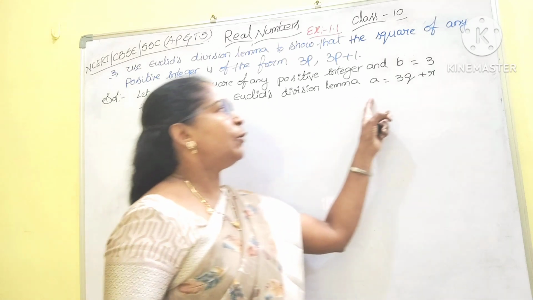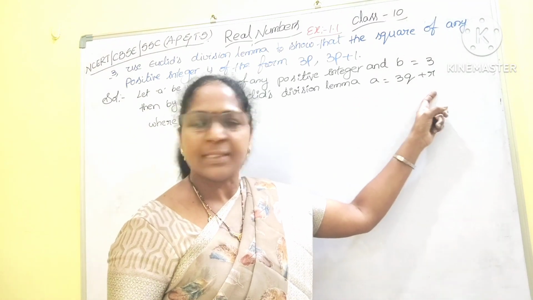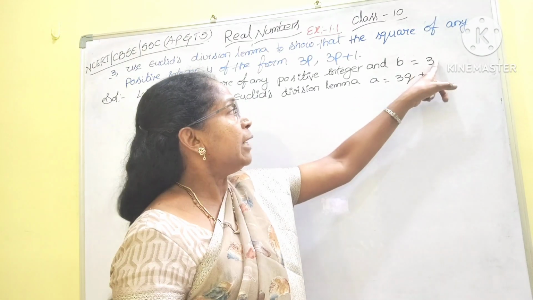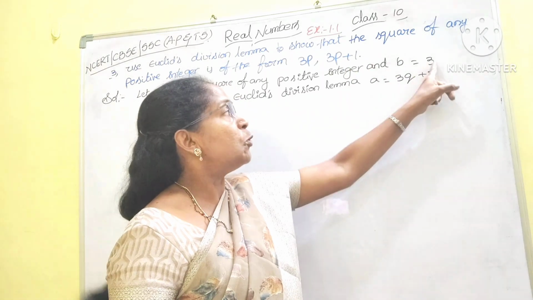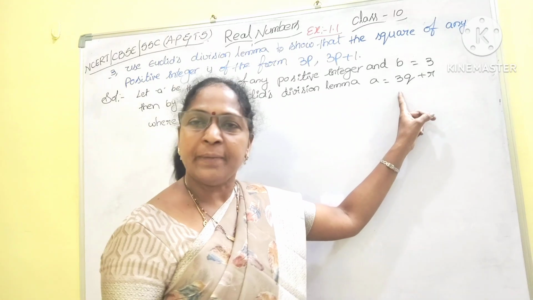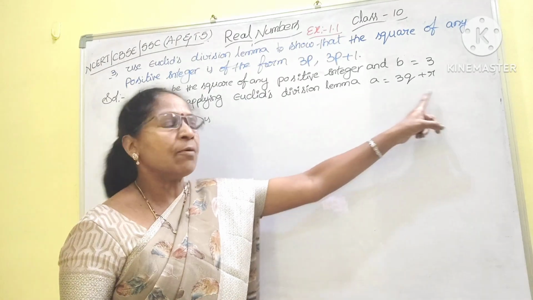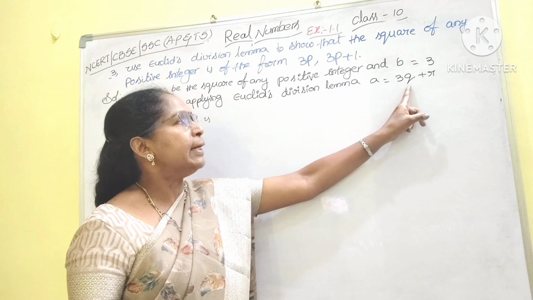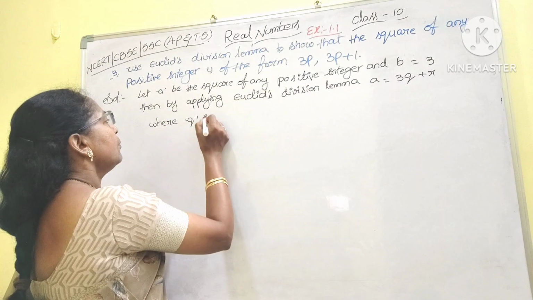A equals BQ plus R, that is Euclid's division algorithm. Here B equals 3, so you have to apply these two values. In place of B, you have to write 3. So A equals 3q plus R. Now here, Q is some integer.